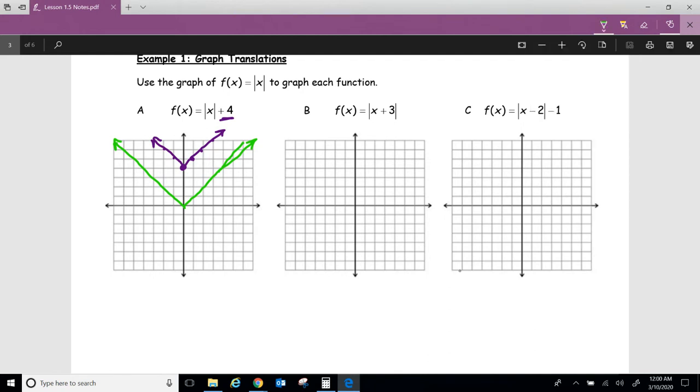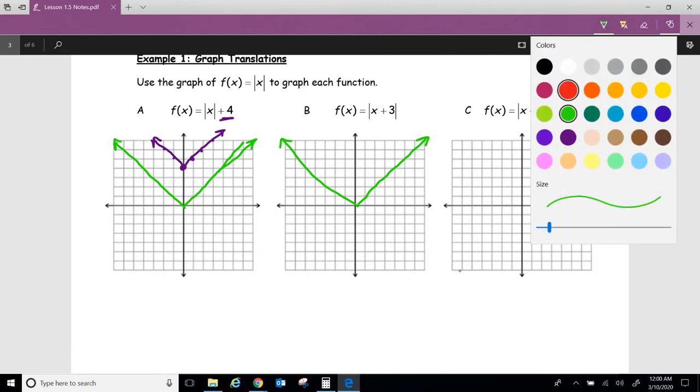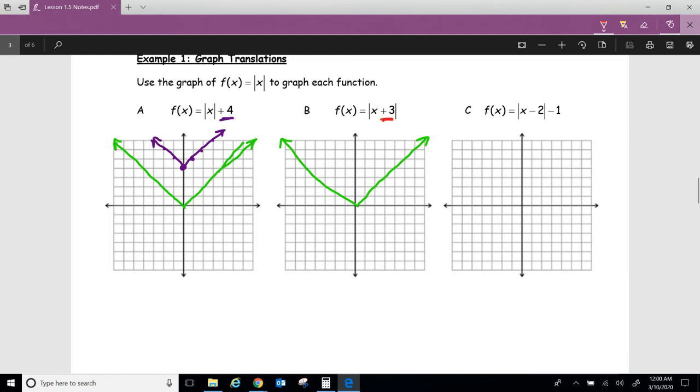All right, for B, again, my parent function is a V centered at 0, 0. Now our transformation is occurring inside the function, so it's going to be a horizontal transformation. It says +3, which means I think we want to go 3, but remember, horizontal, they do the opposite of what it says.